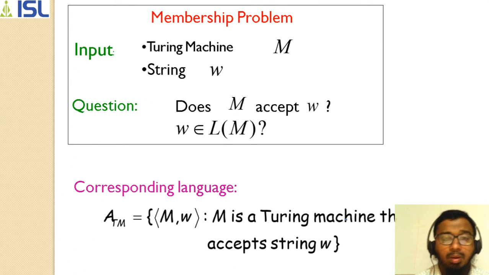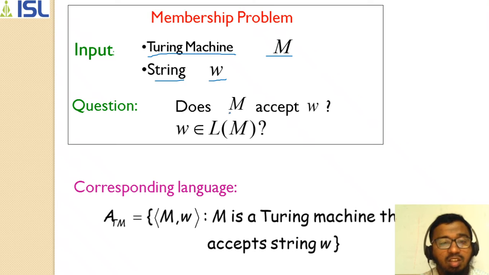In the membership problem, the input is a Turing machine M and a string W. So the question is, does M accept W? W belongs to L of M. This we need to see.